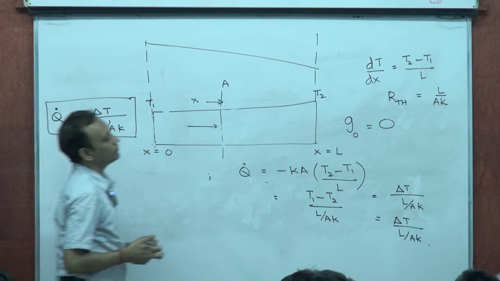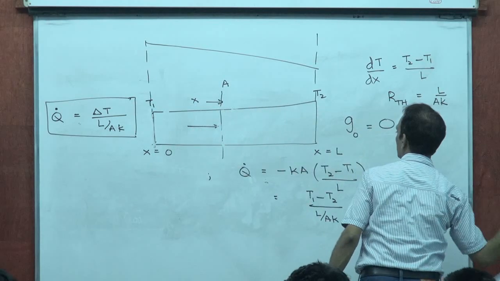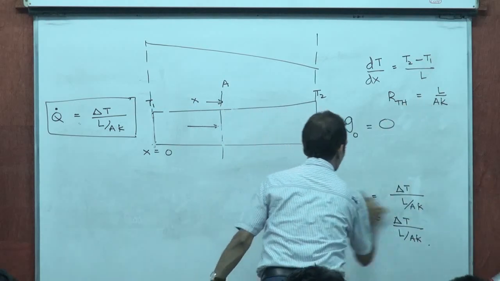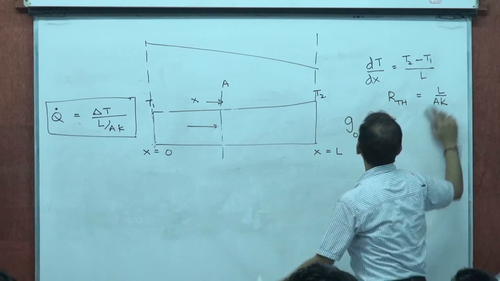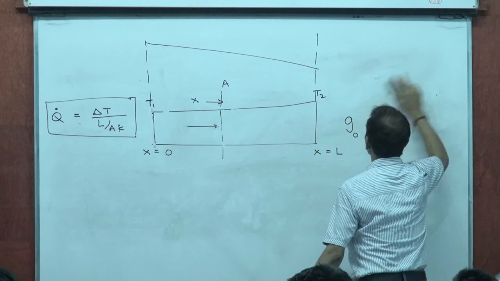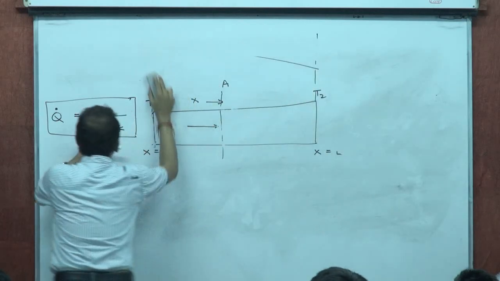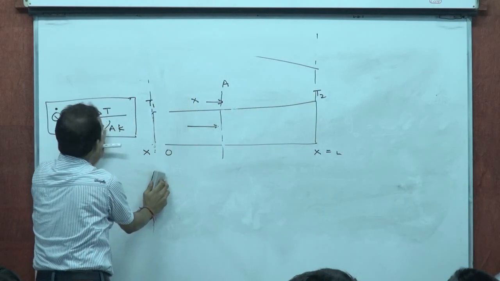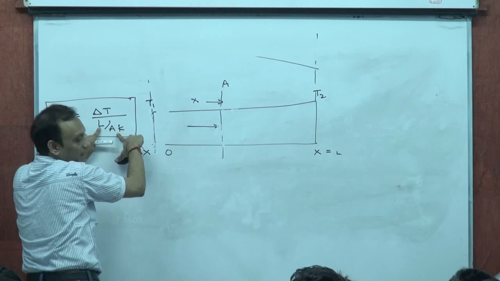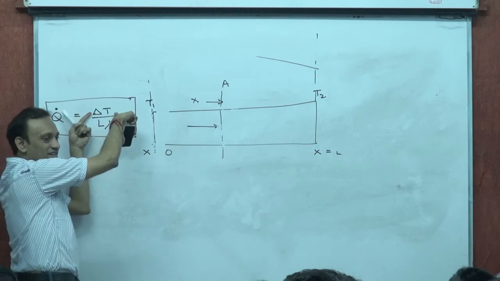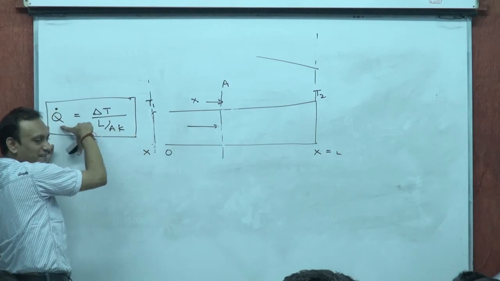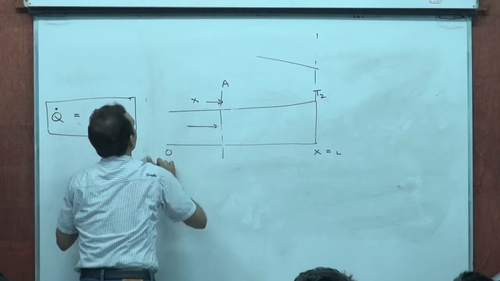For a uniform cross section A, the thermal resistance is L by AK, and if you knew the thermal resistance, the potential difference divided by it will give you the heat current.